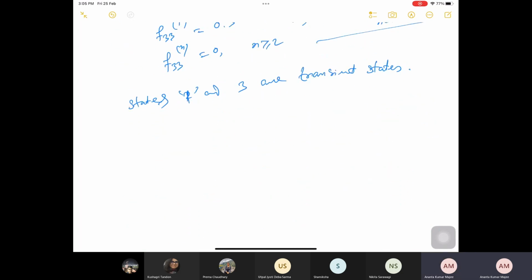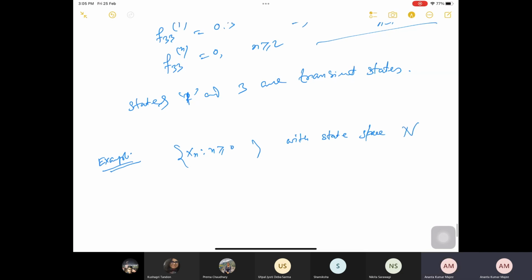Similarly, you can find many examples about whether there exists a null recurrent state or not. In particular, I am giving you one more example. I have a Markov chain, say Xn, with state space N, the natural numbers.